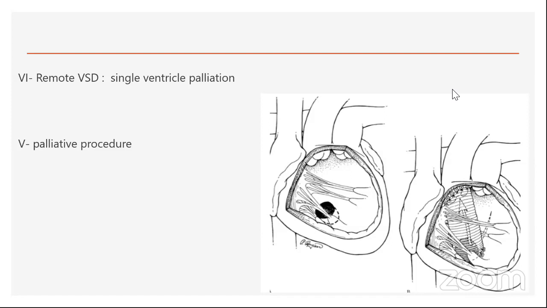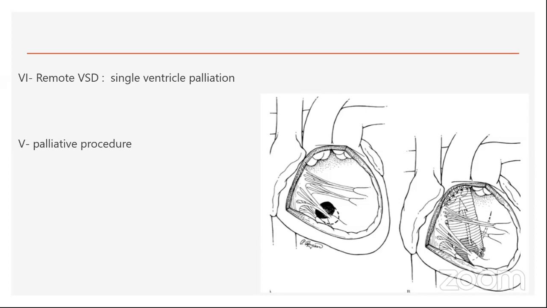So you may be tempted to put a tube graft inside the RV cavity, nearly obliterating the tricuspid valve inflow into the right ventricle, with a long pathway into the aorta, and then the VSD to LV tube obstruction, and you run a very high risk of getting heart block.